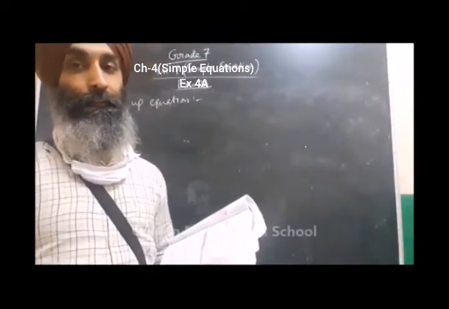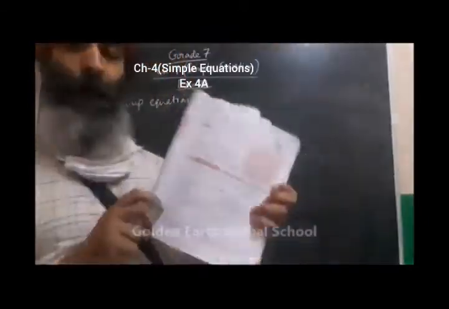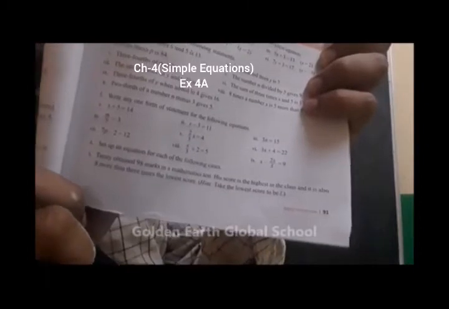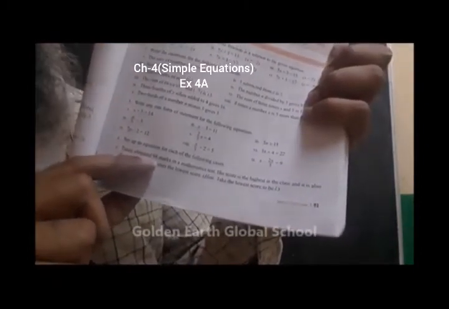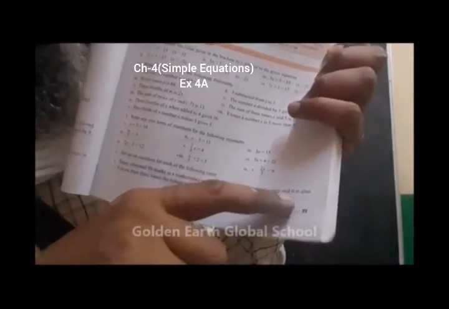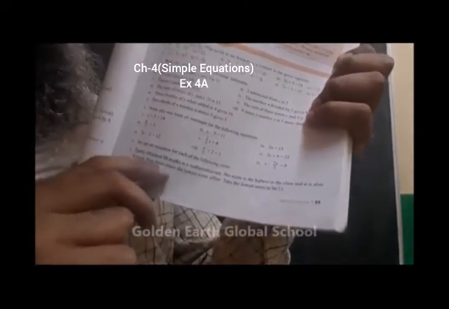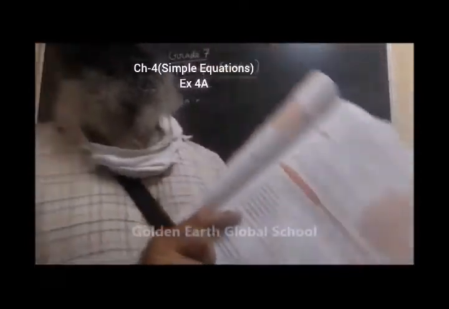Okay. So let us discuss the fourth question. In the fourth question, look at the first part. Tanay obtained 98 marks in mathematics. His score is the highest in the class, and it is also 8 more than 3 times the lowest marks.